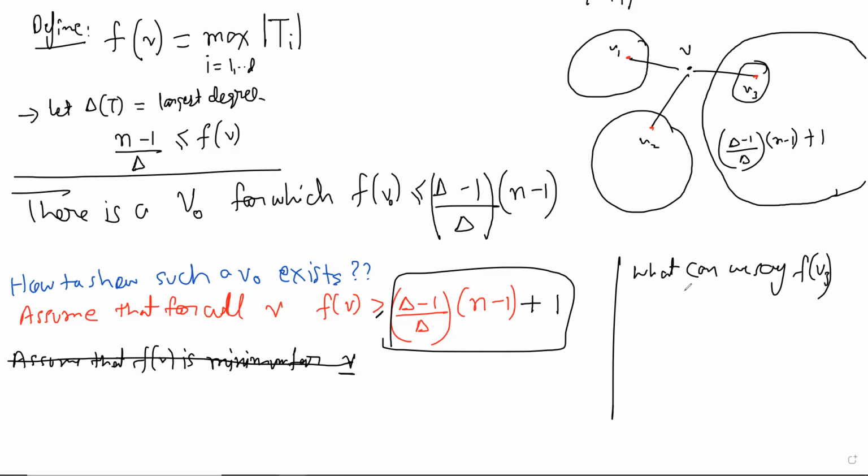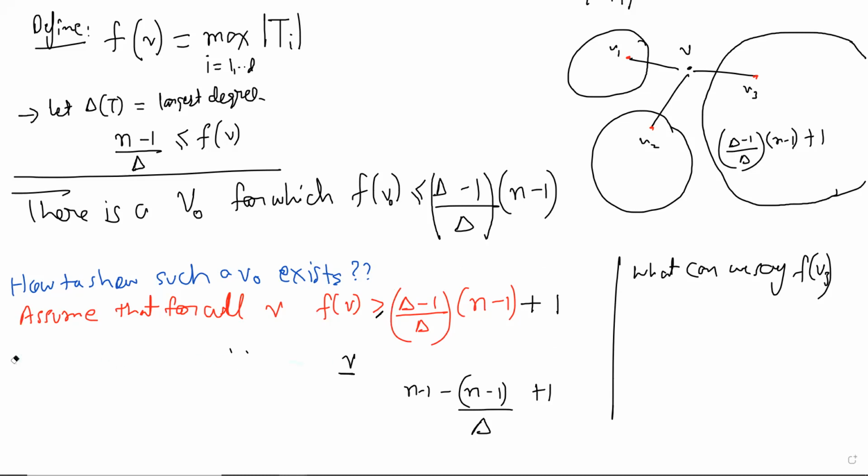So we can tell that f(v) is bigger than (n minus 1) minus (n minus 1) by delta, plus 1 plus 1.